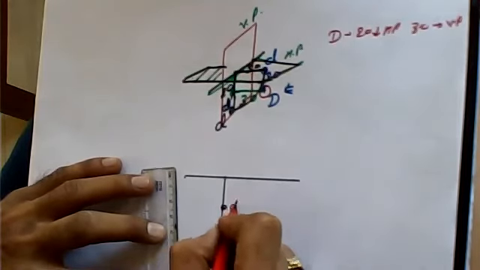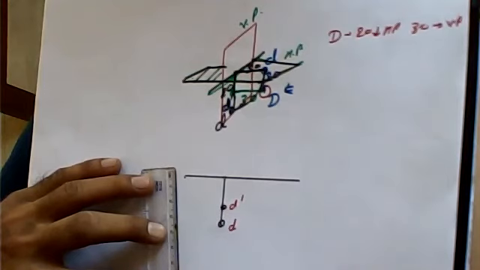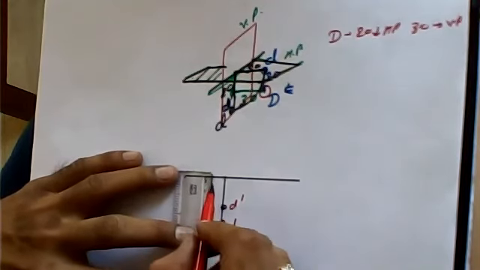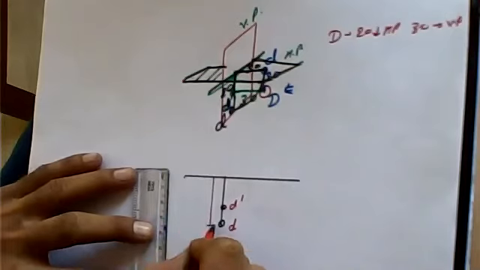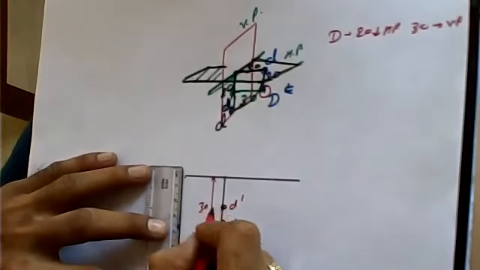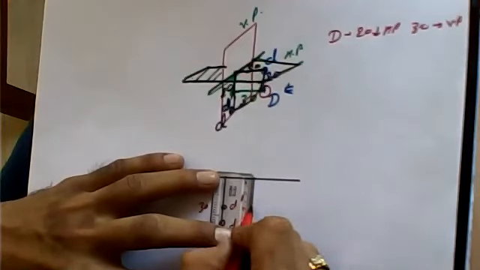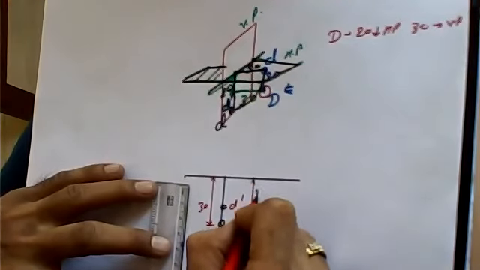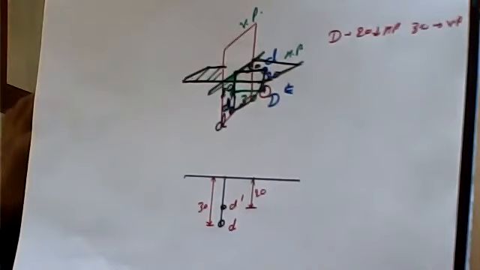D dash is going to be available over here and D is going to be available over here. What are the dimensions? We'll be able to see that this is the dimension 30 units and this is the dimension 20 units. Okay, this is the projection of point D.